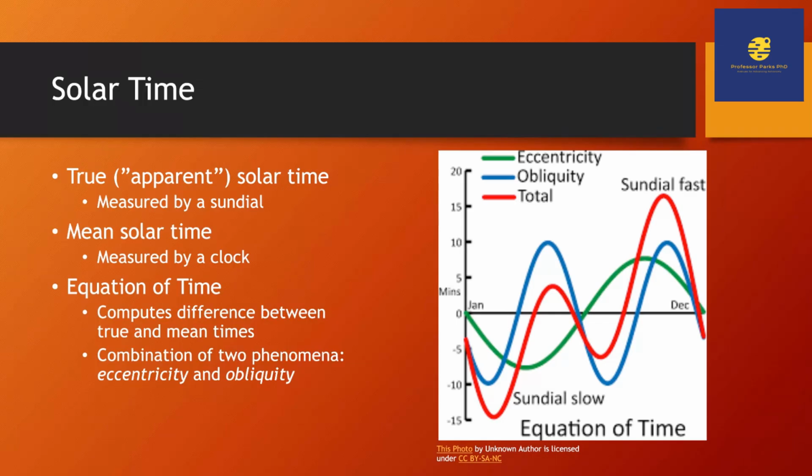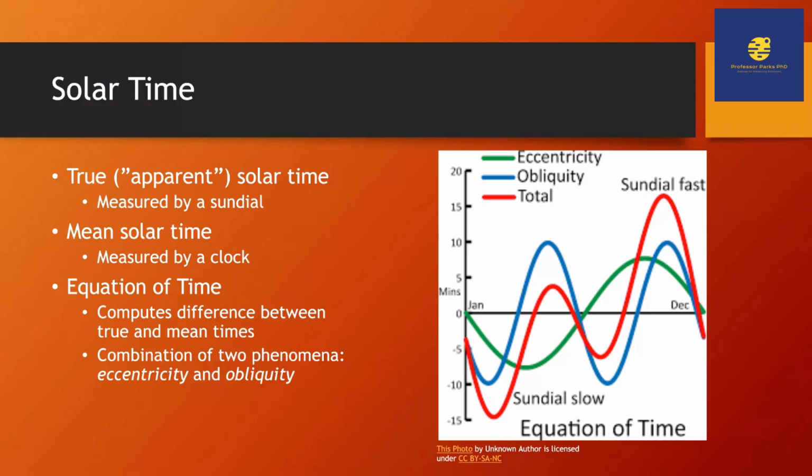And so when you compare the time on your watch to the time on the sundial, you're going to see some deviations. Sometimes apparent solar noon will occur before, and sometimes the apparent solar noon will occur after.